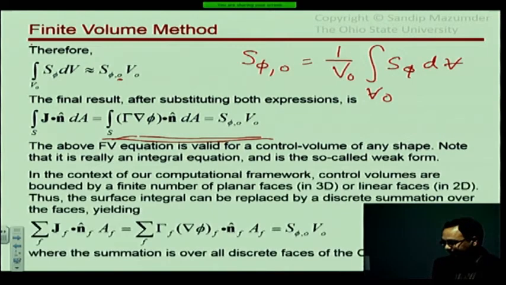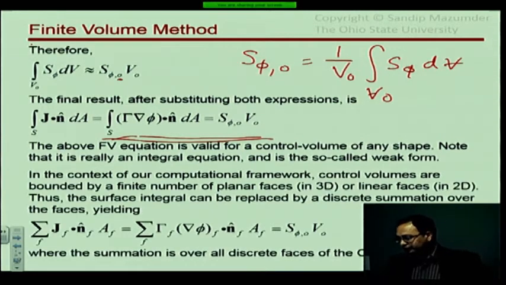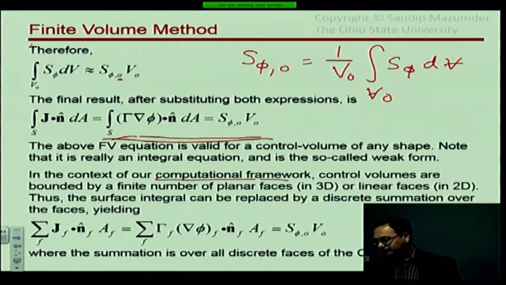Now we are going to make a further approximation. So now we are relying on the fact that we are saying in a computational framework, the control volumes are bounded by a finite number of planar faces or linear faces in 2D. In other words, we don't usually have from our mesh generator control volumes which look like that.